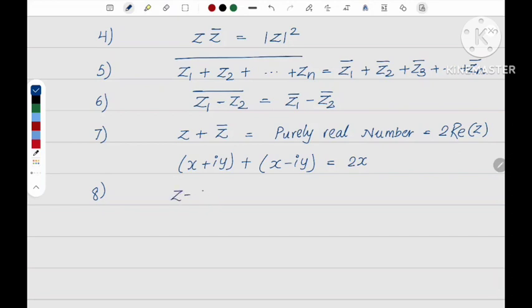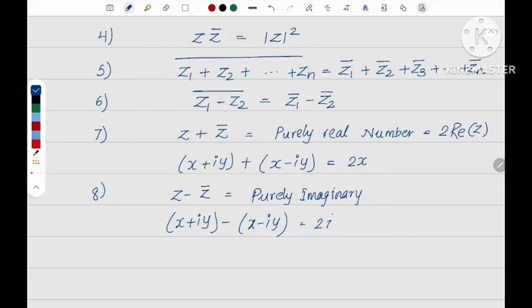Similarly, z minus z bar is purely imaginary, we can check x plus iy minus x minus iy, so x is getting cancelled and what you get is 2iy.